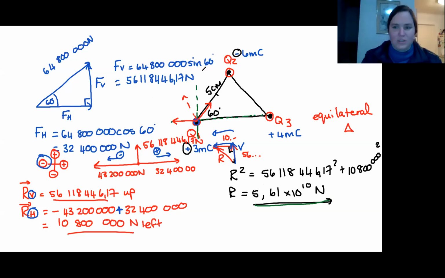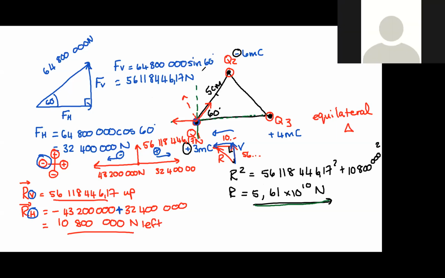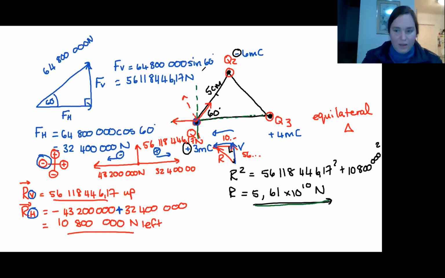Let me quickly check. 56,118,446.17 squared. Guys, you're always welcome. I know we do these late at night, and my brain sometimes is not 100% here that late. Square root answer. Okay, I get 5.7 now. I apologize. Thank you. Let's go back and change that value.